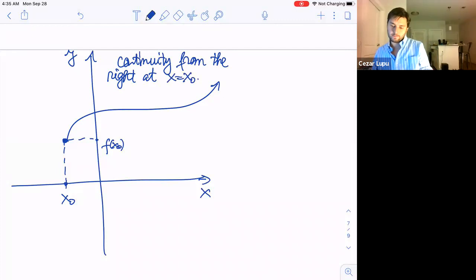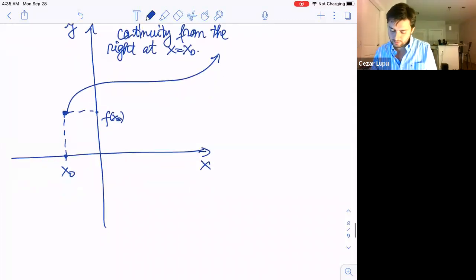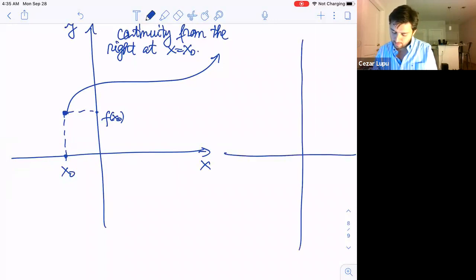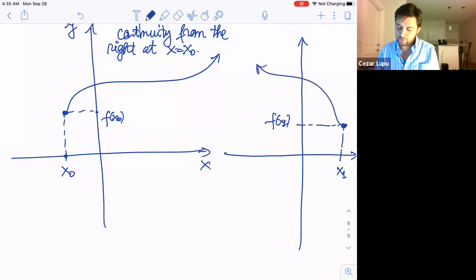And now, well, let me draw a similar picture. Hopefully I have enough room here. Well, maybe I don't, but anyway. So let me just consider this point here, x1. This is f of x1. And let's just say I have the function like this, right?